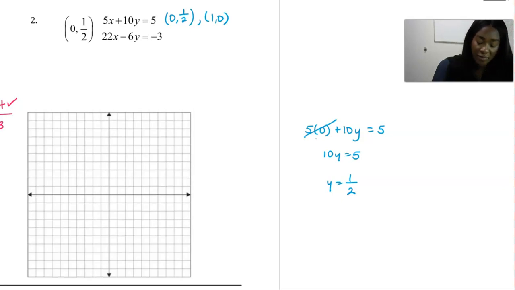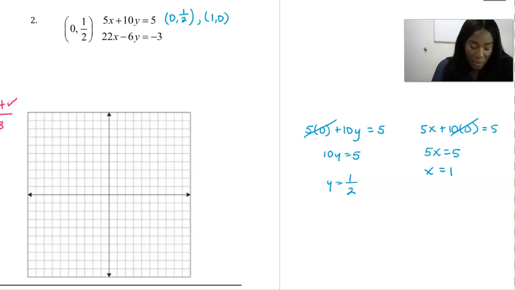So what I said is to find the x-intercept, we set y equal to 0. If I take this equation and I set y equal to 0, that whole term is gone. I get 5x equals 5, and I divide both sides of the equation to get that x is equal to 1. In the second equation, let's go in and find the y-intercept first.